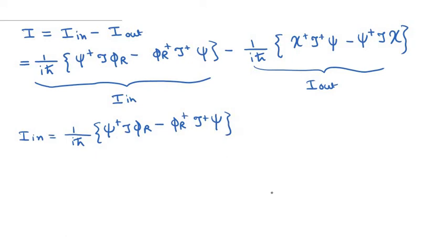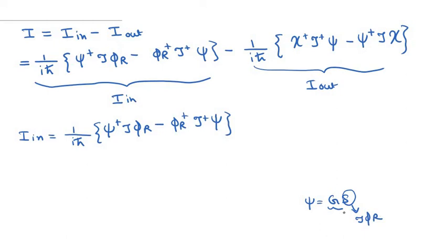Now we know that psi is equal to G times S, where G is the Green's function of the channel and S is the source term, and S is equal to tau phi r.